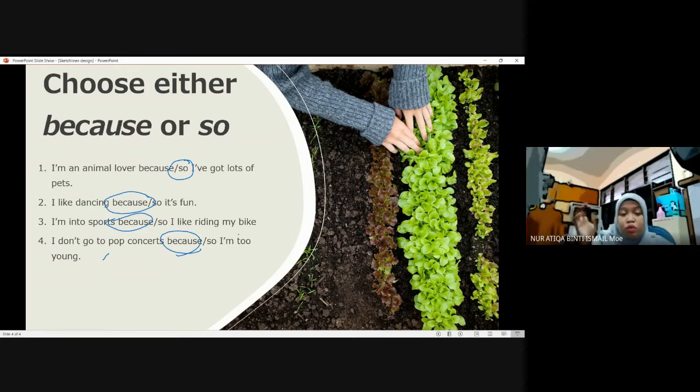When you use because, it is a reason. Okay, because is for reason, so is for effect. So, to make you understand the use of because and so, you need to remember that because is for the reason and so is for the effect. So, for example, I'm an animal lover. So the effect is I've got lots of pets. Okay.